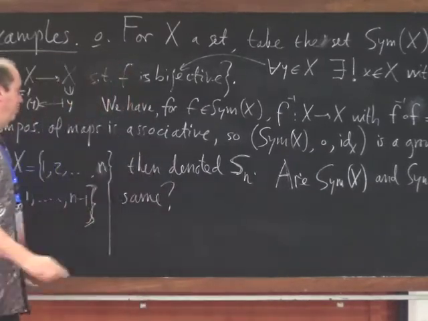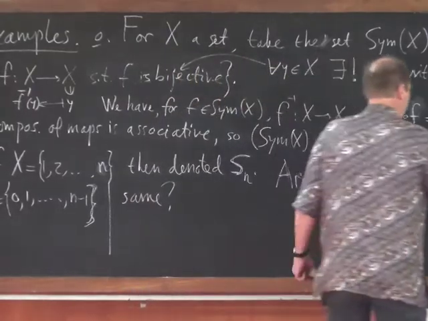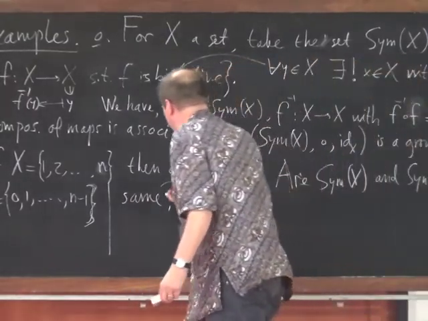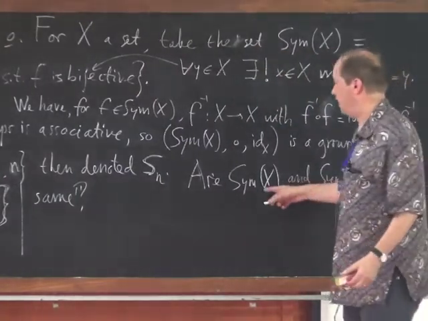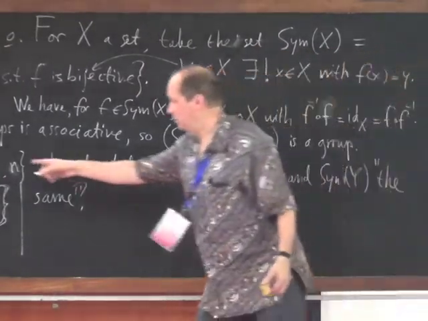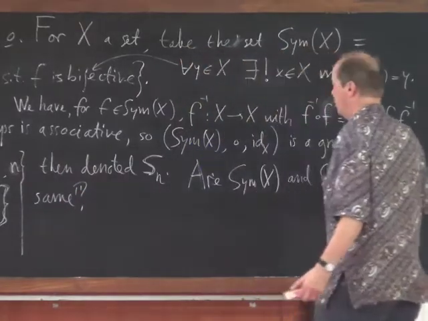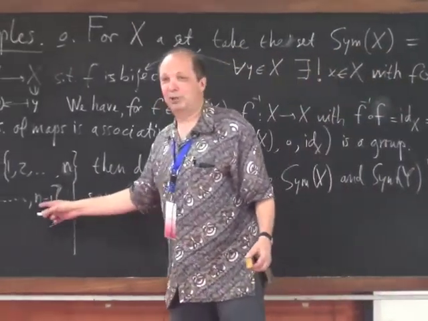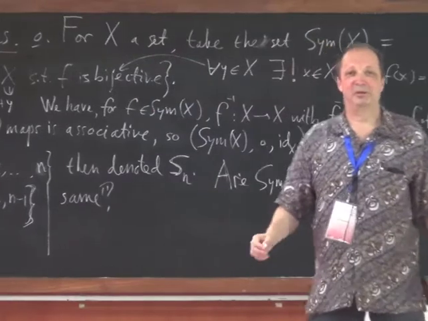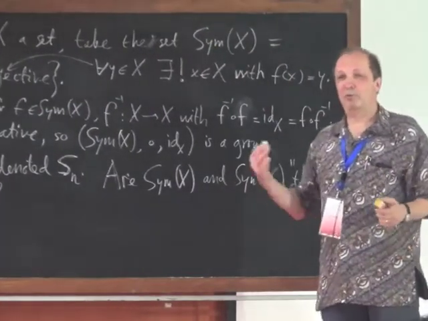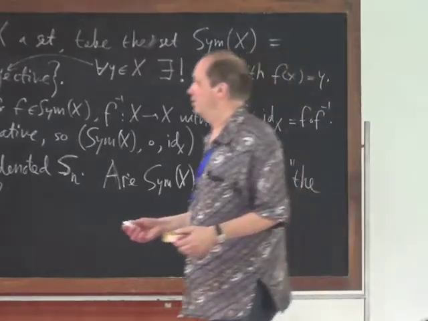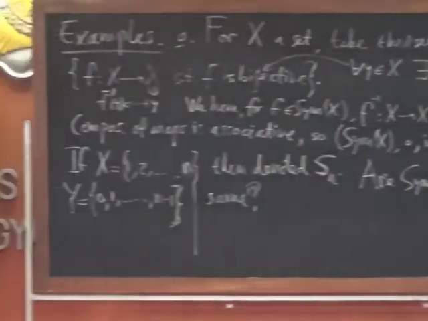They're not the same because, strictly speaking, the elements in Sym X are maps from this set to itself, and the elements in Sym Y are maps of that set to itself, so they cannot be the same. But the same in some sense, so what does that mean?